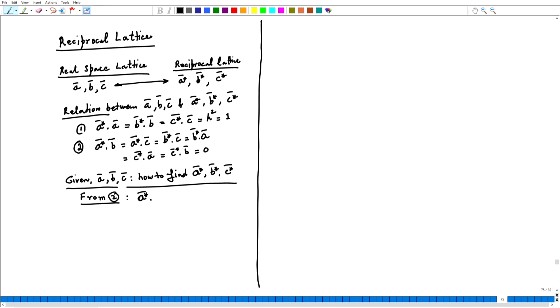So, A star dot B equals A star dot C equals 0. This implies that the vector A star is perpendicular to vector B and the vector A star is also perpendicular to the vector C, which means that the vector A star is perpendicular to the BC plane of the real lattice.